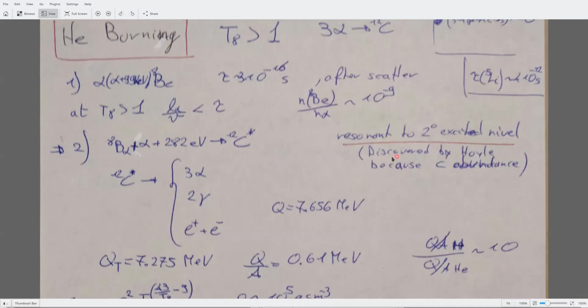And they found that there is actually a resonance, so it manages to produce more than it should. And you have several channels. One obviously can be the scatter, because the carbon emits the alpha, goes back to beryllium-8, then goes back to the alpha particles. Or you can have the production of a photon, because it's the second excited level.